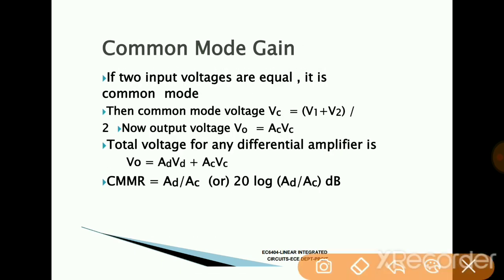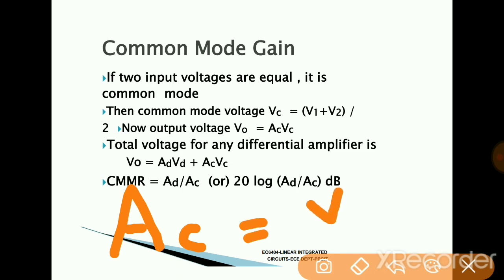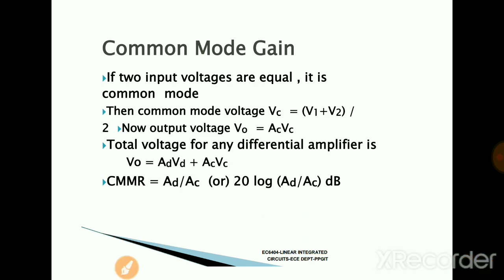So AC is equal to V0 divided by VC. The common mode gain AC is nothing but the ratio of V0 by VC.